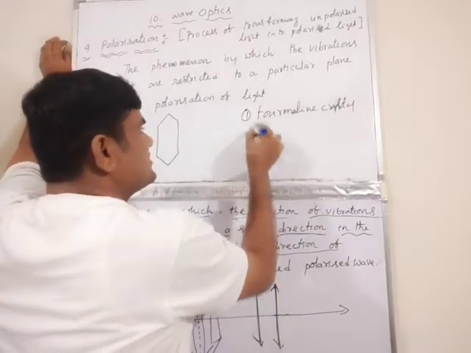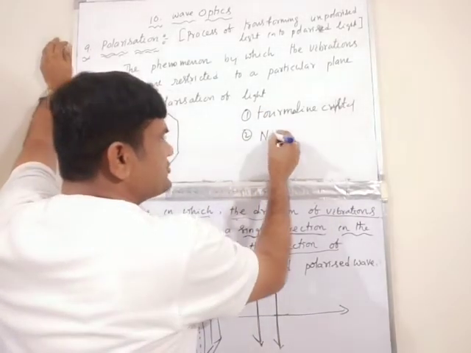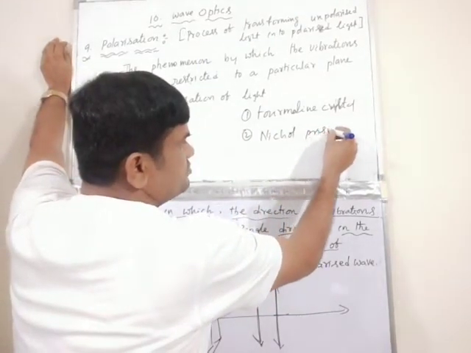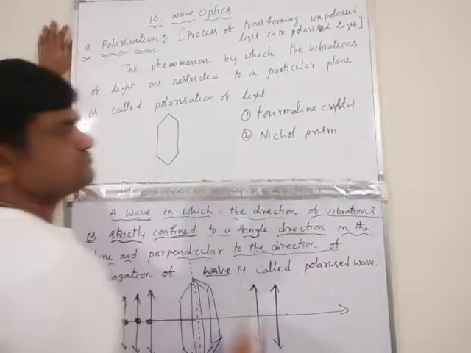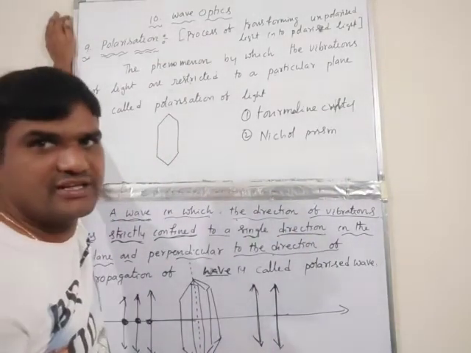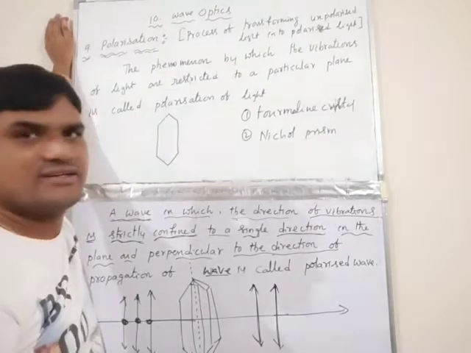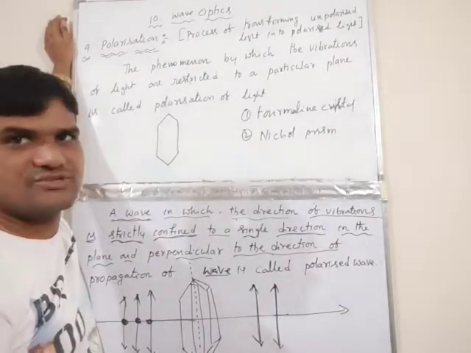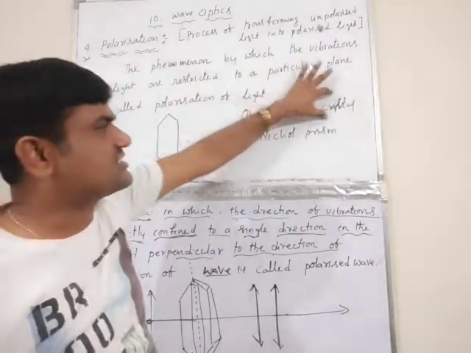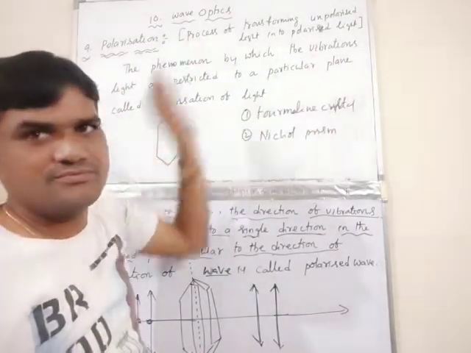So these are examples of Polaroids: the nickel prism, also called Nicol; some books write Nichol. Okay, these are the objects, tourmaline crystal and nickel prism.